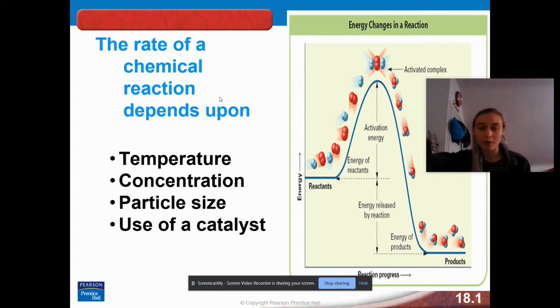If you have small particles, they're not going to collide that often. And then if you use a catalyst. I don't know how much you've talked about catalysts thus far in chemistry. You should have touched on them a little bit in biology, because they are a big topic in biology. But catalysts help you get the reaction done. And so if you use a catalyst, that will affect your chemical reaction rate.